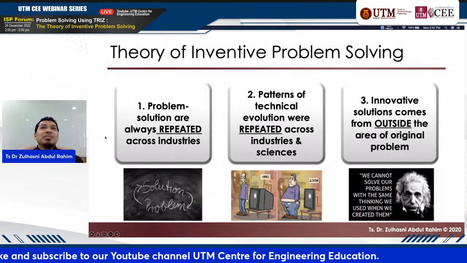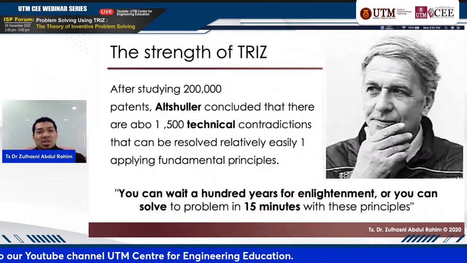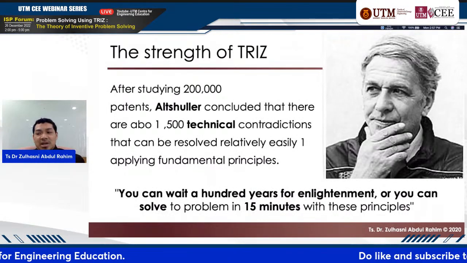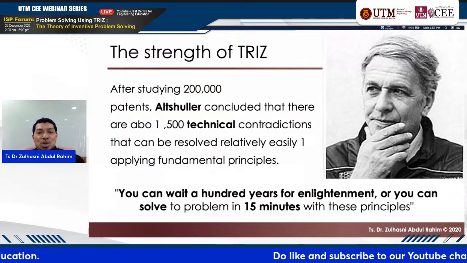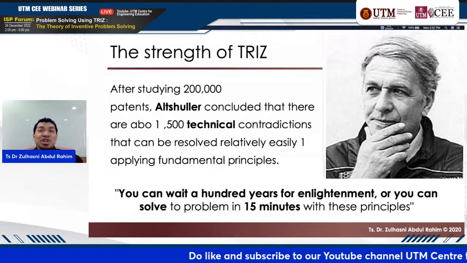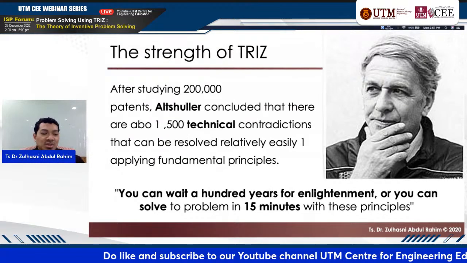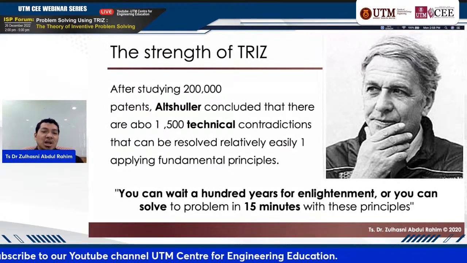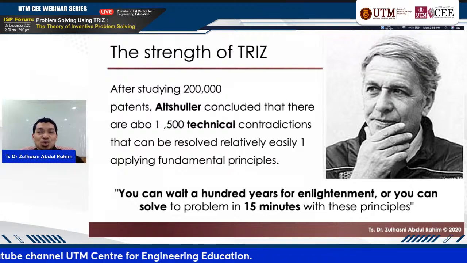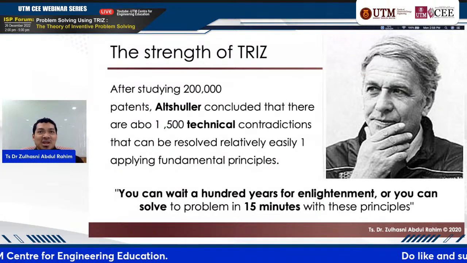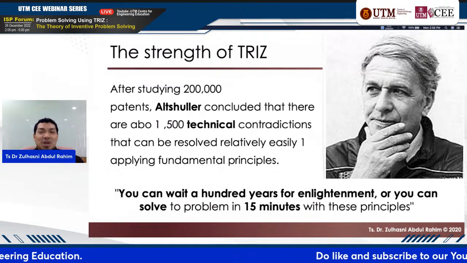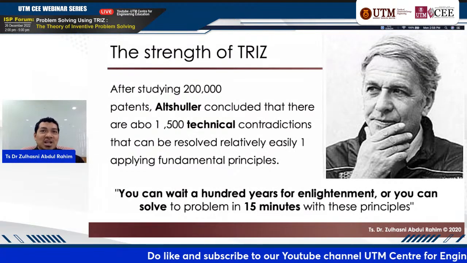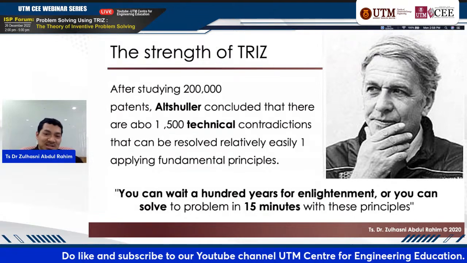After Altshuller studied about 200,000 patents, he found out that a lot of innovation comes from outside the box, and there are also a lot of technical solutions that we can use to solve our problem. Altshuller challenged me, and also challenges you, to solve technical and engineering problems within 15 minutes.